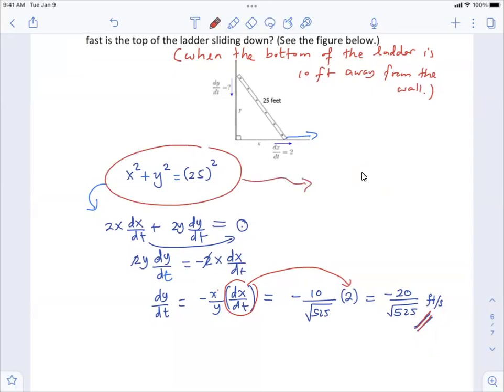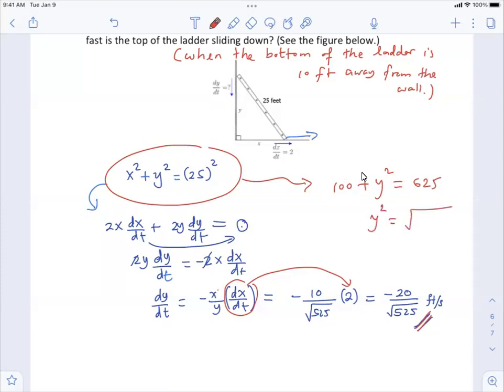So to compute that, plug in x equals 10. So it's going to be 100 plus y squared equals 25 squared, which is 625. In this case, I will just simplify it. Otherwise, you can simply have 25 squared and 10 squared here, and then y is the square root of 25 squared minus 10 squared.